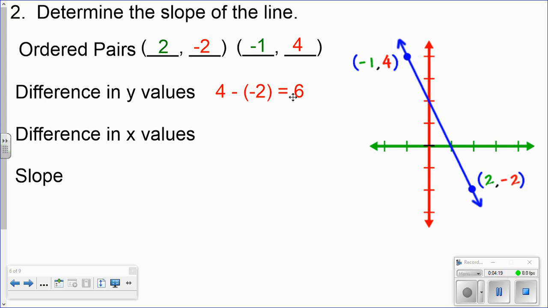And then we take the x values, negative 1 minus 2 is negative 3. The change in y over the change in x would be 6 over negative 3, which simplifies to 2 over negative 1, which simplifies to negative 2.